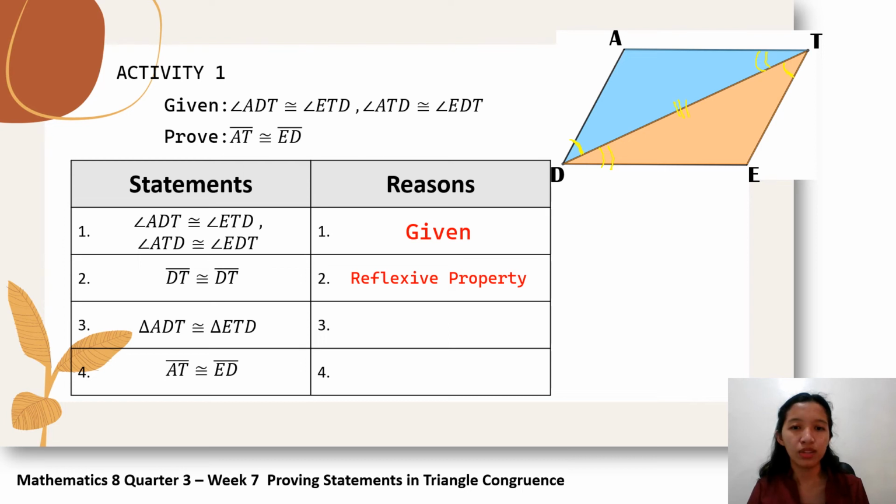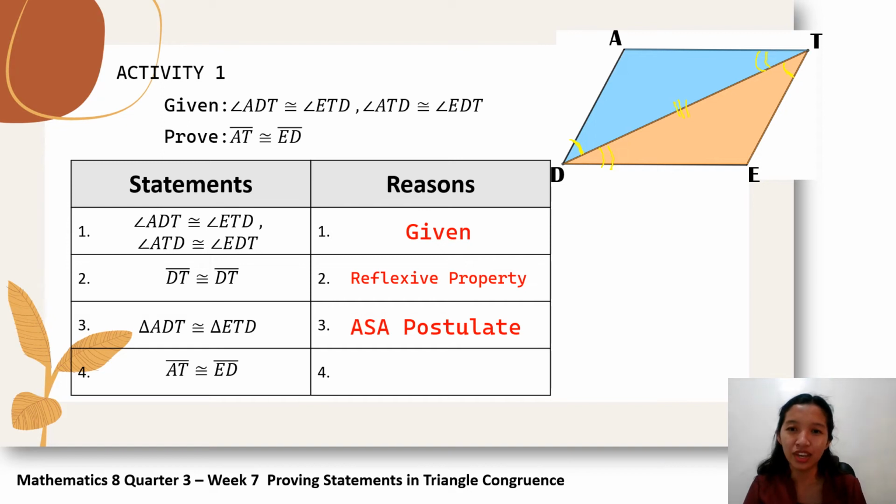So what must be our reason? We are talking here about triangles, so what triangle congruence postulate must it be? Yes, you are correct if you say it is the ASA postulate.